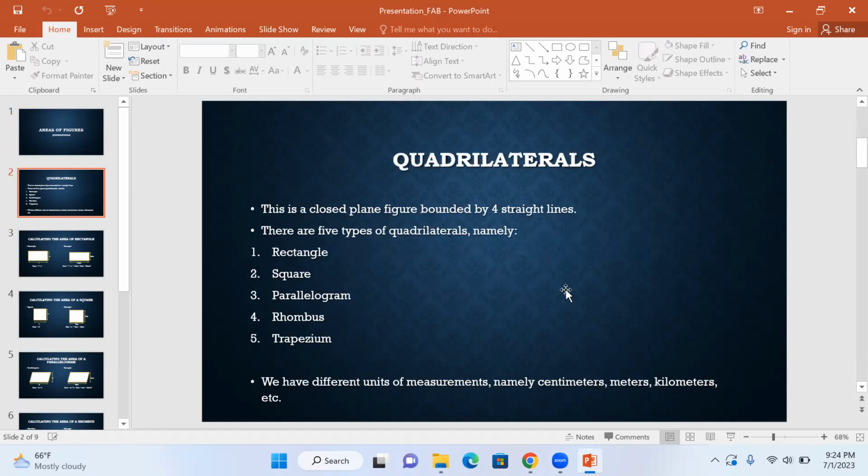As Teresia has told us, quadrilaterals are closed plane figures bounded by 4 straight lines. There are 5 types of quadrilaterals, and namely, can one of them be? From the screen, I can see rectangle. The other one?